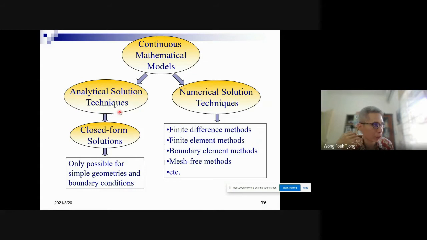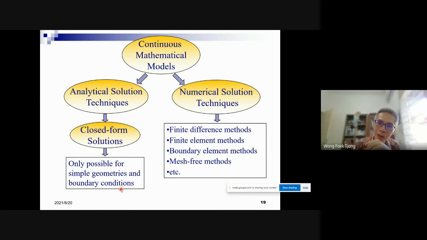Analytical solution techniques means we use methods from calculus to solve our equations, and the result is a closed form solution, or exact solution. This is ideal, because the solution is exact, with no approximation. Unfortunately, for some models it's difficult, or even impossible, to obtain closed form solutions because of the complexity of the problems. So normally this method is only possible for simple geometries and boundary conditions.